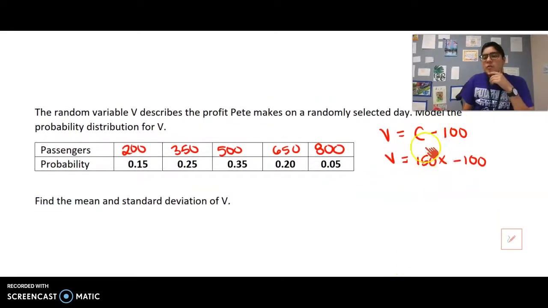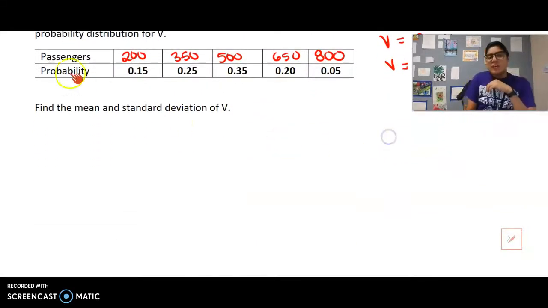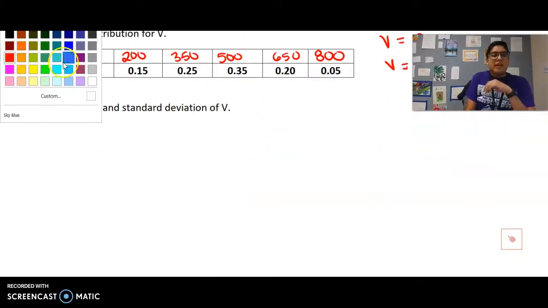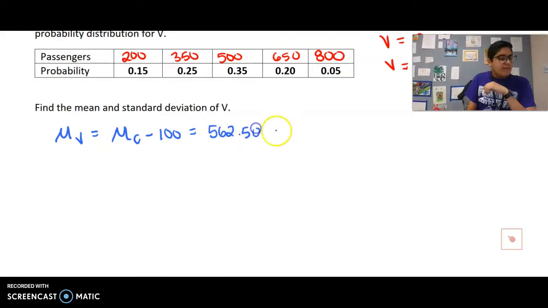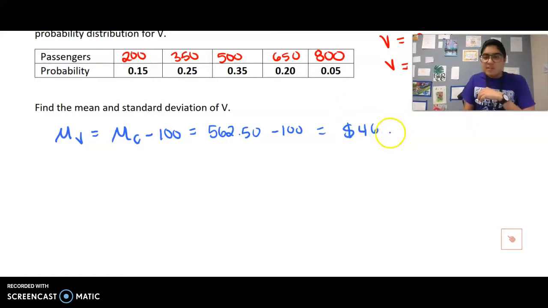Well, you can use either one here because you can either find the original or you can just take it from C. So we're going to just take it from C here. And if I want mu of V, well, that's just going to be the mean of that previous random variable minus 100, meaning that 562.5 minus 100, that's going to give me that my long run average profit is going to be about $462.50.